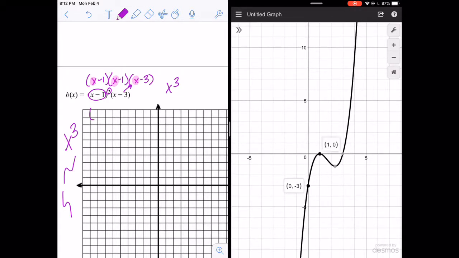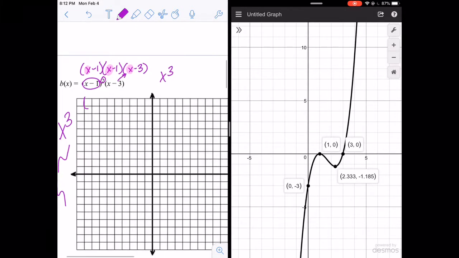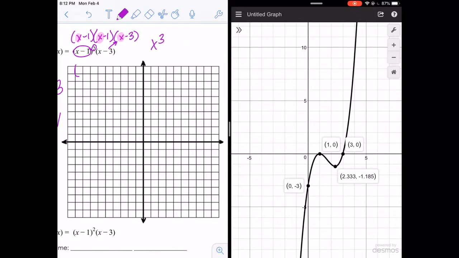So I'm going to turn on all these little points here so that I can graph them. So I see 0, negative 3, and 1, 0. And then it kind of goes down. I think there's probably a point somewhere close to that minimum, somewhere at 2.3, right about here.